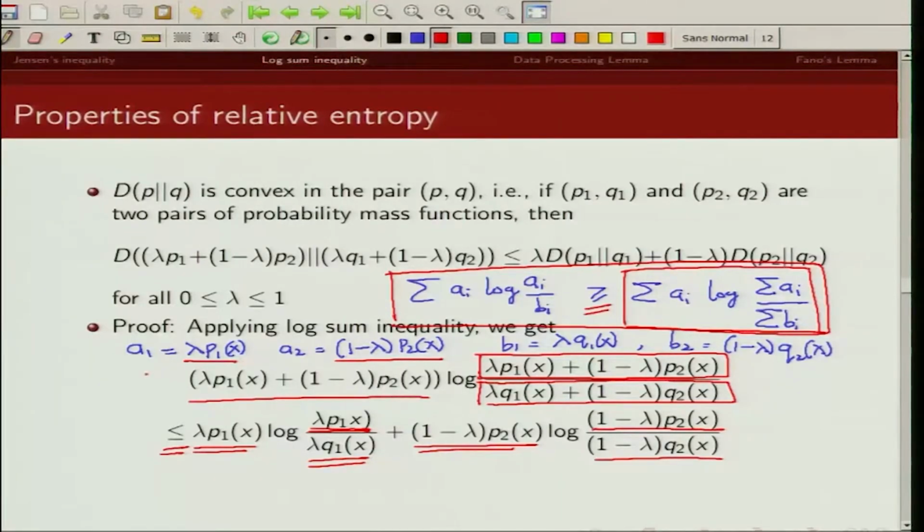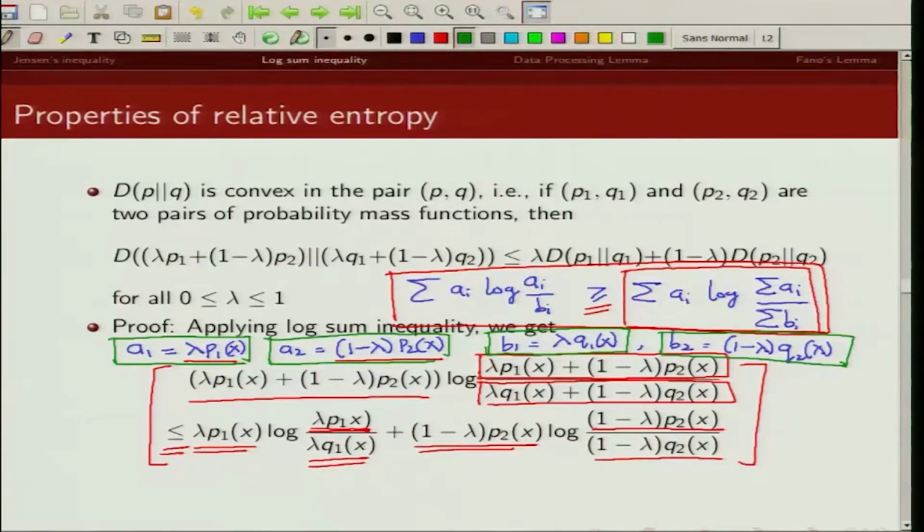So, this result which I have written so far is just a direct application of the log sum inequality, where I chose a1 to be given by this, a2 to be given by this, b1 to be given by this and b2 to be given by this.